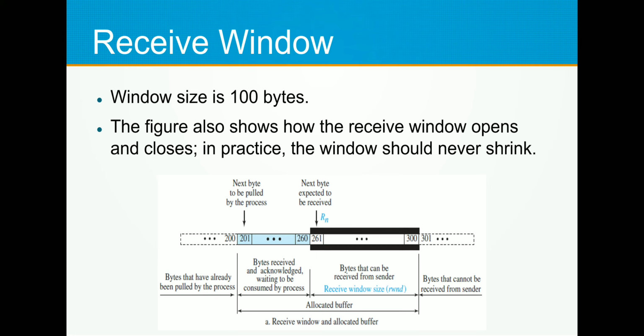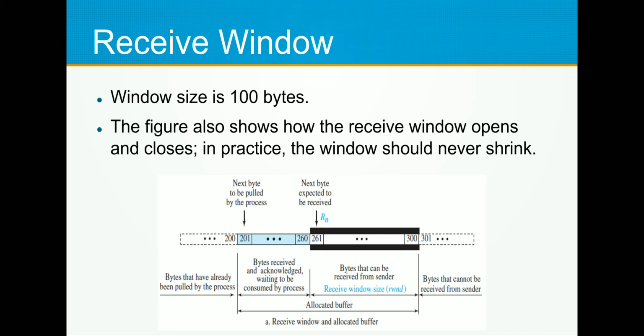So data from 201 to 260 is waiting for the application to read it. Then the amount of buffer left, 261 to 300, is the space where newer data received from the sender can be placed.